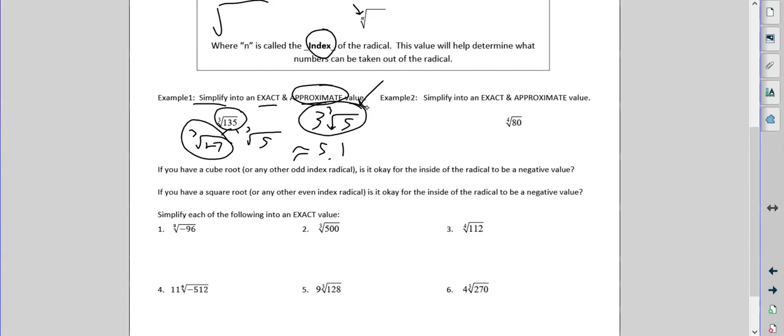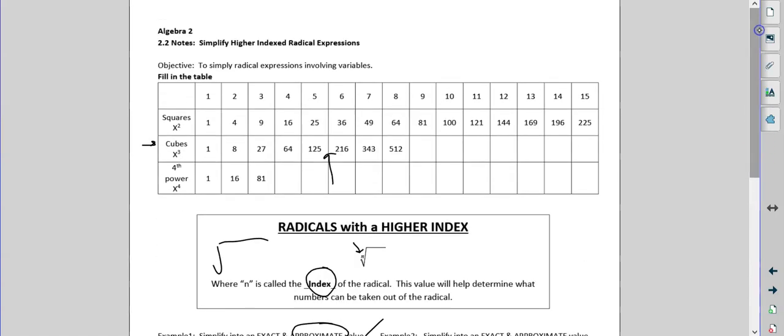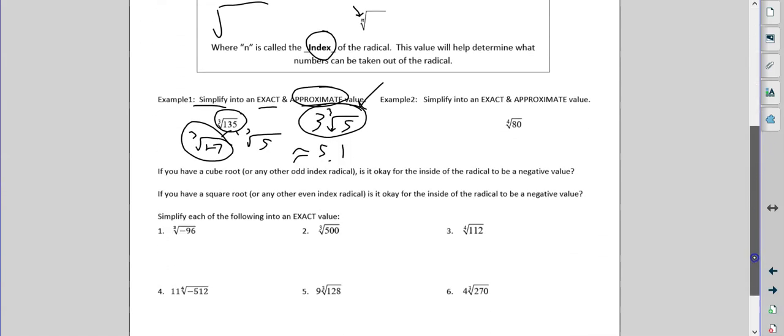Now, number 2, we have 80. But notice we're looking at the fourth root. So obviously, 80 is almost 81. So it's going to be really close to 3, but not quite. It's going to be 2 point something, like really high up there. So 16 goes into it, though.